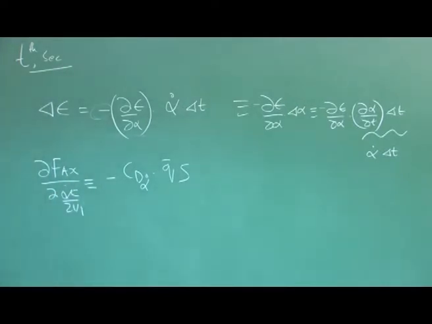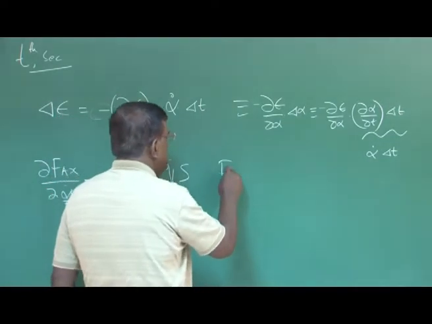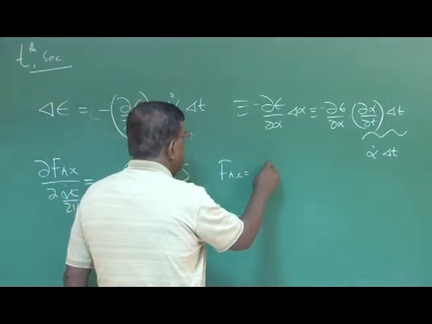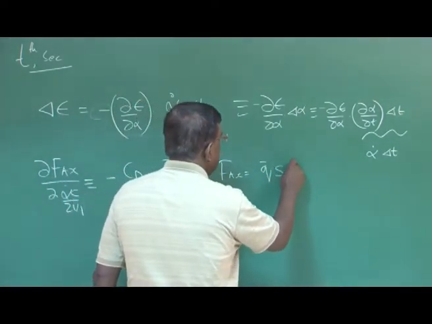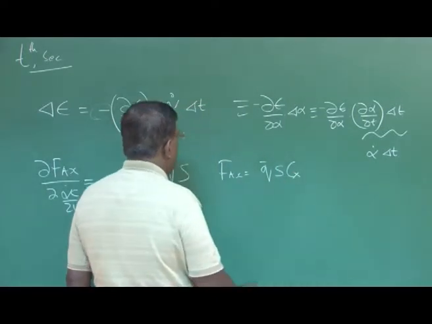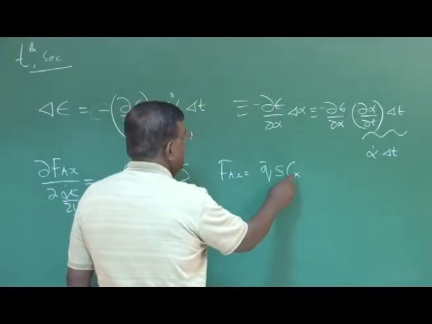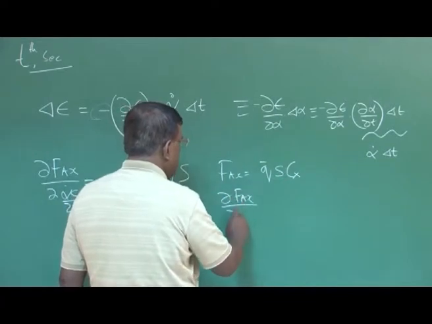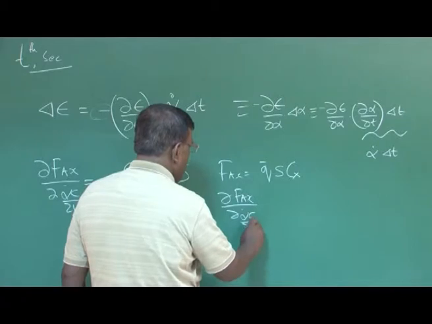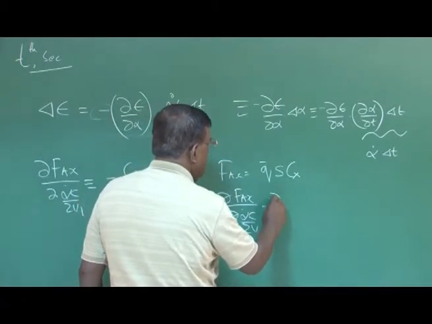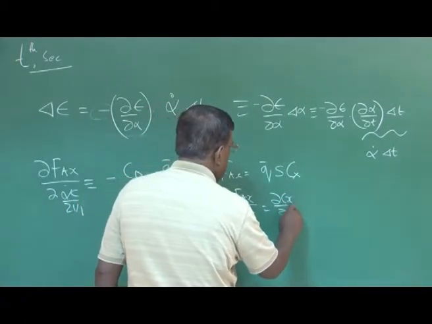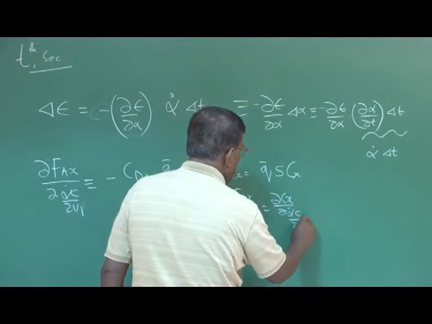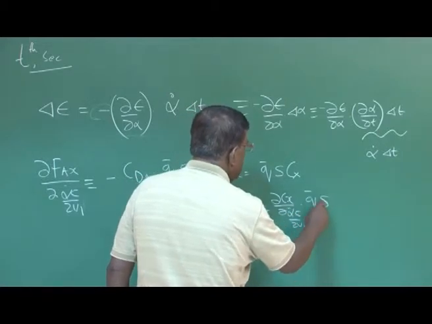Fax will be q bar S Cx, so dFax by d alpha dot c by 2U1 will be dCx by d alpha dot c by 2U1 into q bar S.